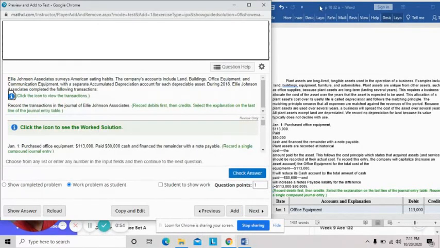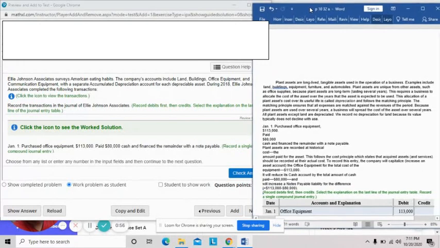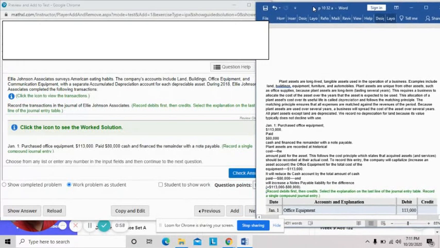So if we look back at plant assets, plant assets are long-lived, tangible assets used in the operation of a business. Examples include land, buildings, equipment, furniture, and automobiles. Plant assets are unique from other assets such as office supplies because plant assets are long-term, lasting several years. This requires a business to allocate the cost of the asset over the years that the asset is expected to be used.